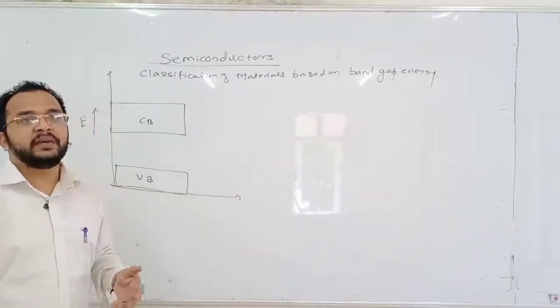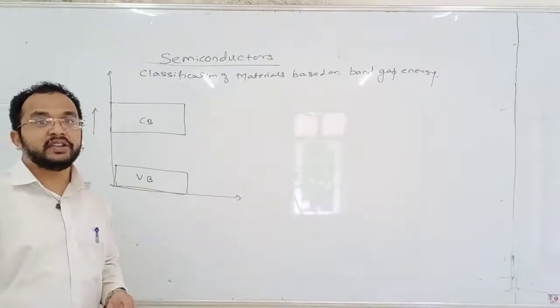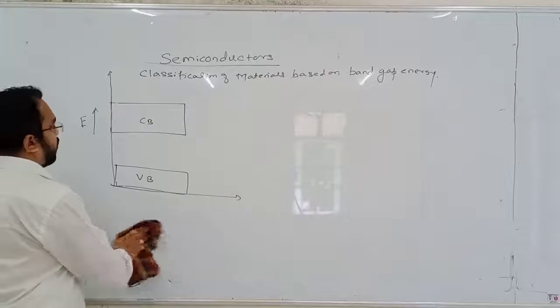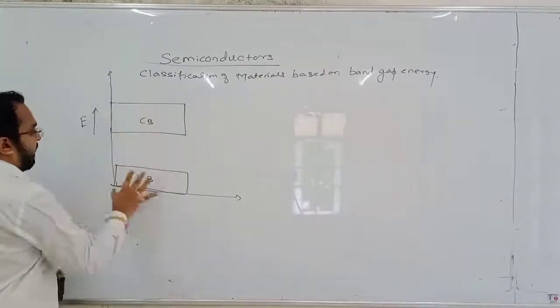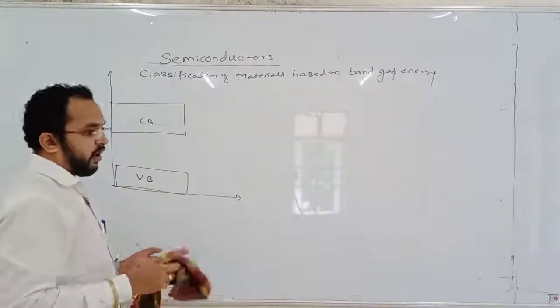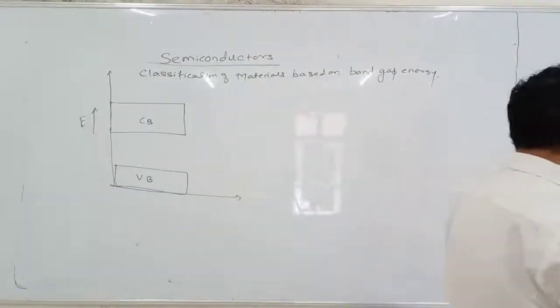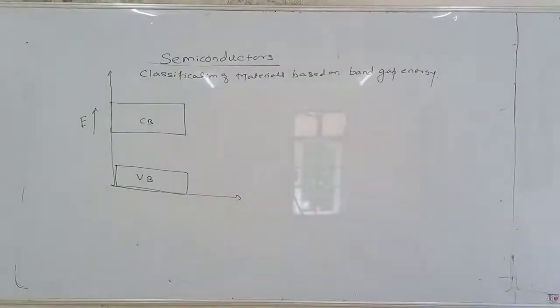So it must happen in conductors or in semiconductors, but insulators we can't. So this is conduction band and this is valence band.